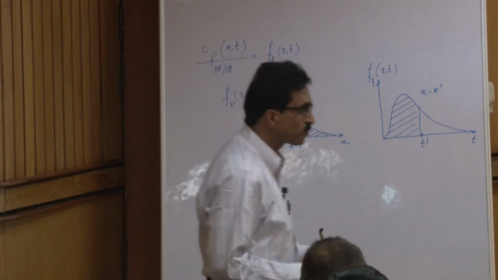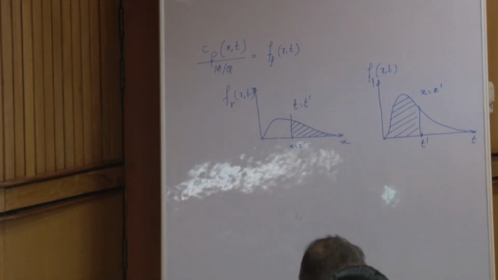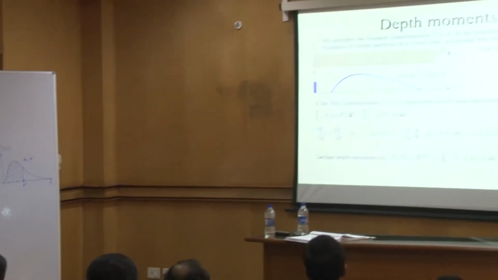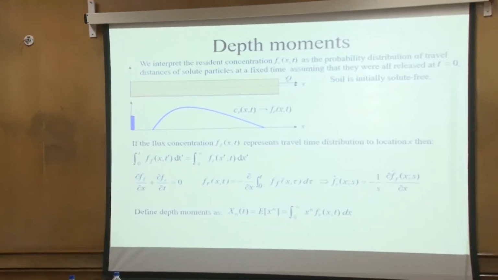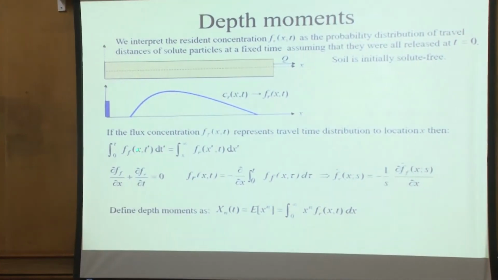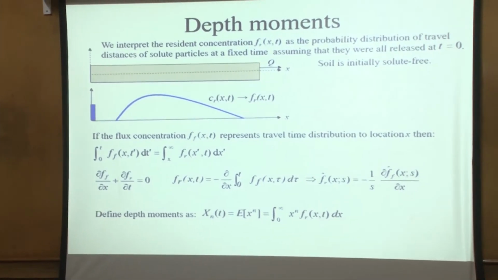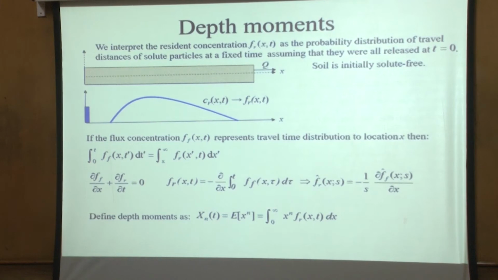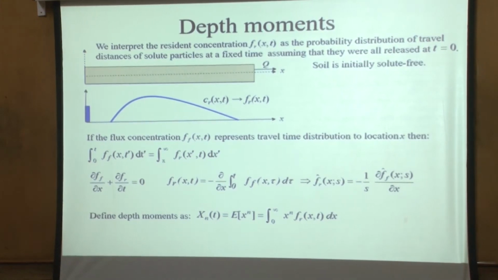And that statement, if you will, is reflected over here. It says 0 to t, this area under the flux concentration or the travel time PDF, should be equal to x to infinity in the resident PDF, the travel distance PDF. These two are equal. And if those two are equal, I can differentiate both sides with respect to space and time.